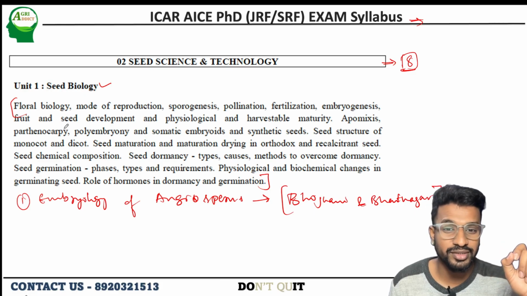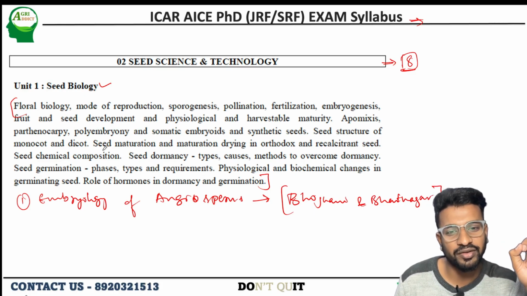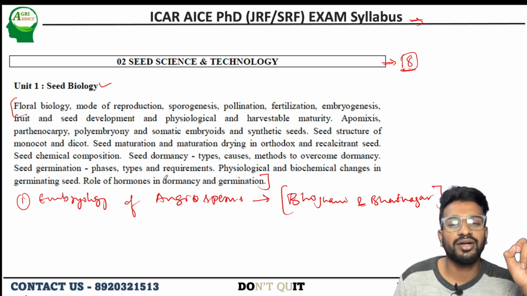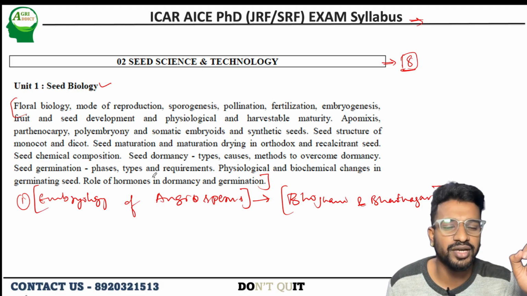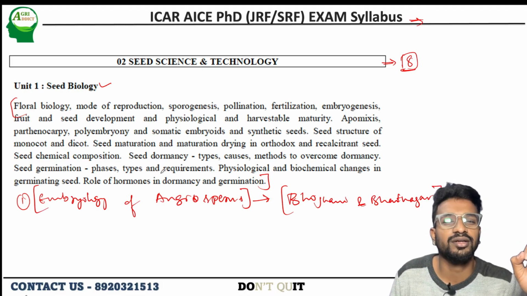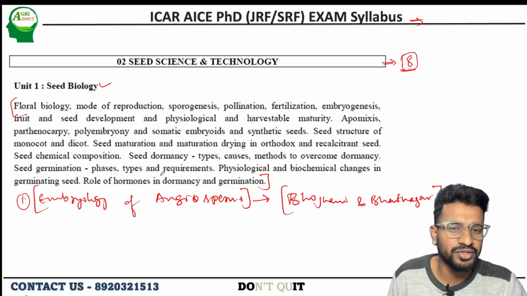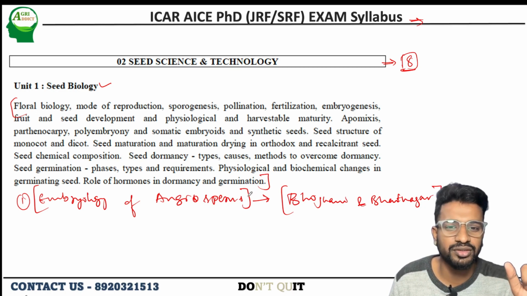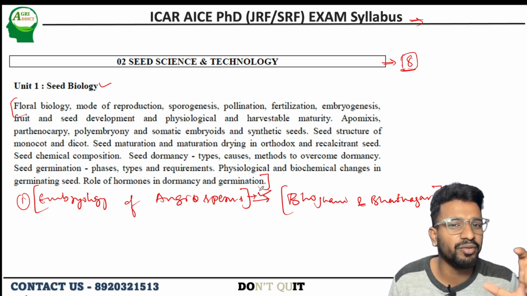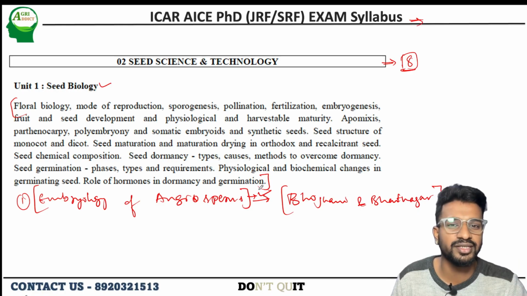But the problem is this particular book is very vast and deep, so you might not need to read each and everything, and without making your own notes, the things from Embryology of Angiosperms won't be clear. It is not even good for revision. Only if you make your own notes will you be able to revise the content of this book. So if you are reading this book, make your own notes so that you can revise it properly.